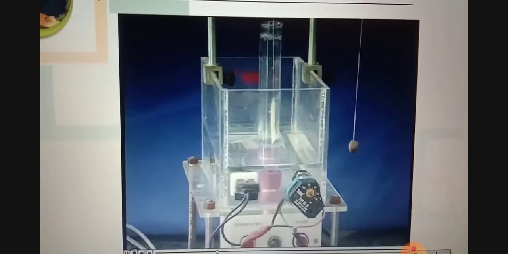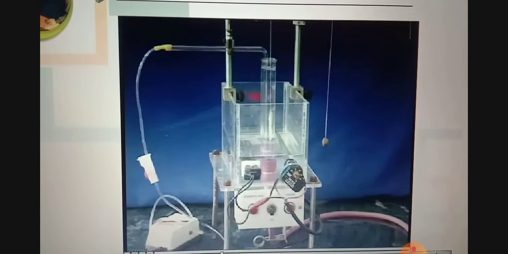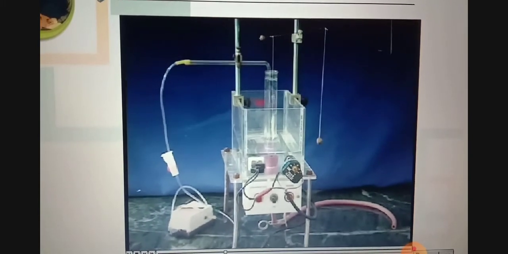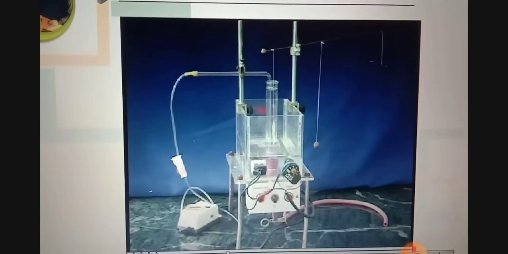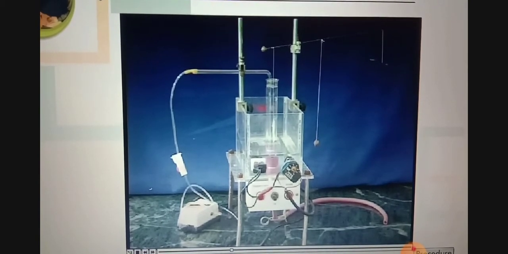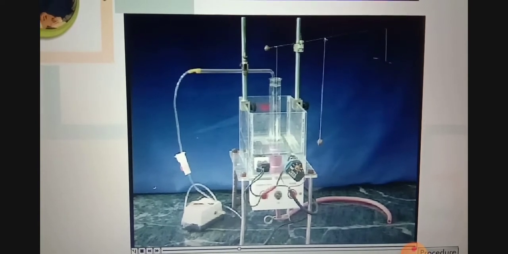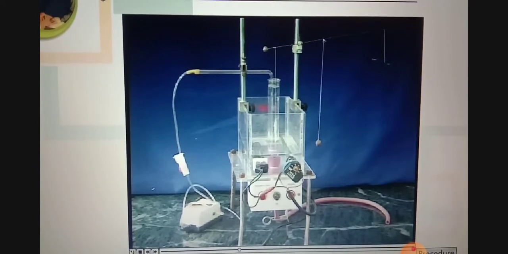Now stabilize the muscle preparation for 30 minutes under a tension of 0.5 to 1 gram. During stabilization, wash it with a fresh quantity of Tyrode solution at least 4 times. Now, start the drum.